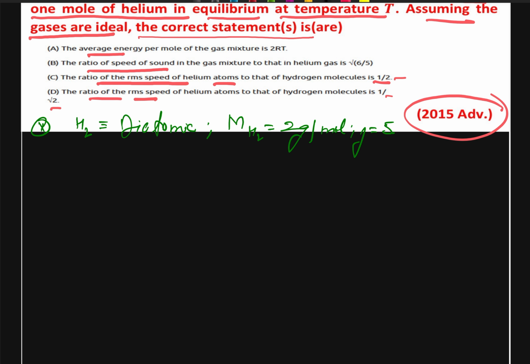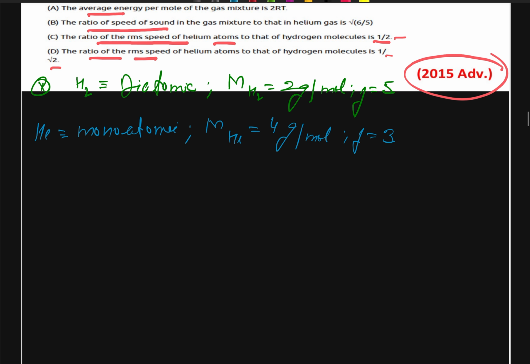And secondly, we are having helium. Helium is monatomic, and molar mass of helium is 4 gram per mole, and its degree of freedom is 3, which is translational only. Okay. Number of moles for both are given to us, 1 and 1.